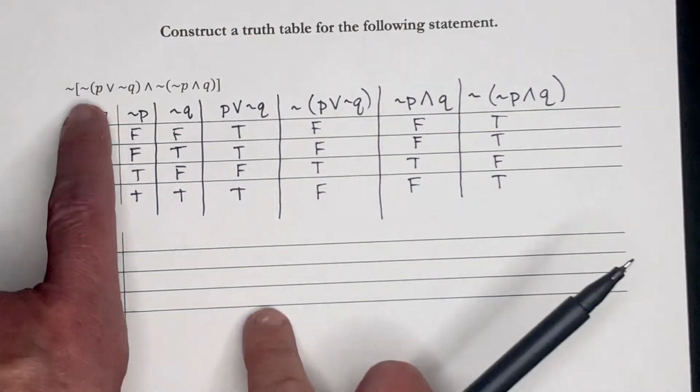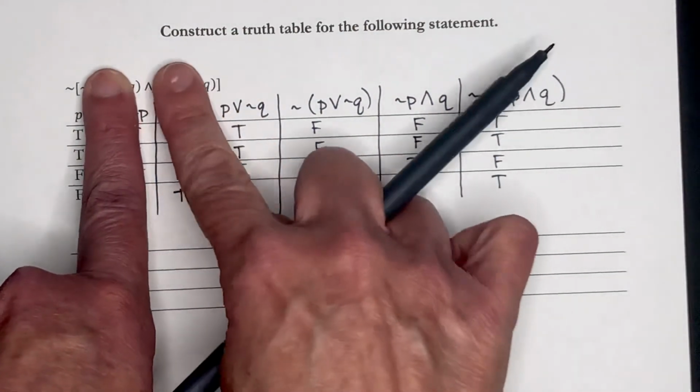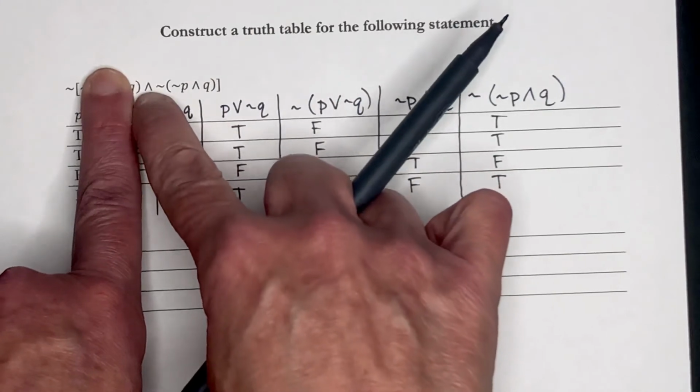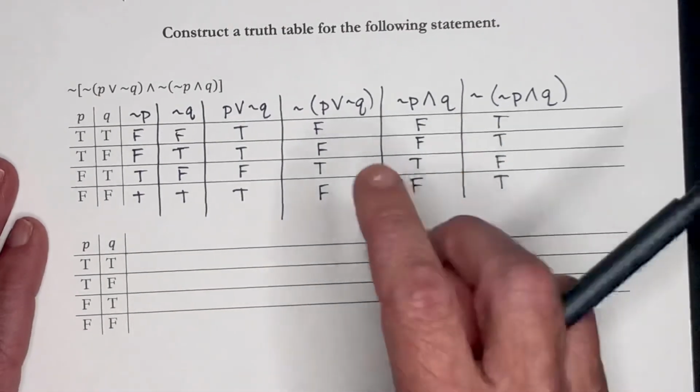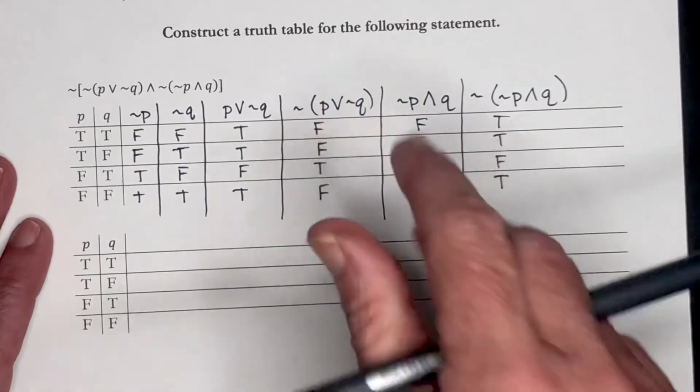Okay, so what have I done so far? I know this whole part. I know this whole part. Now I need to put an and between them. And then my last step is going to put a not in front of all of that. So I'm going to be anding these two lines together.